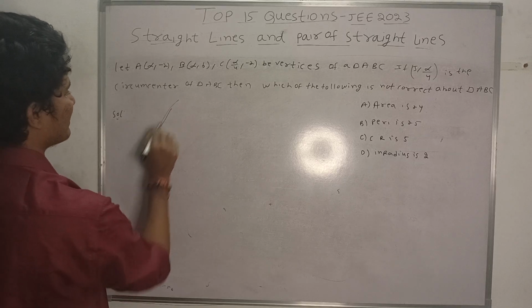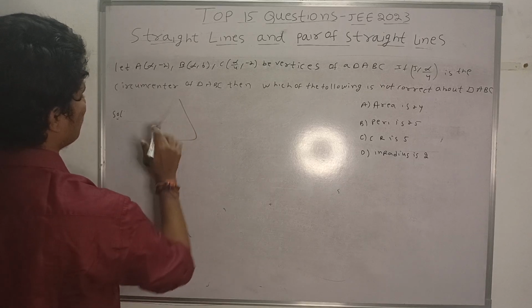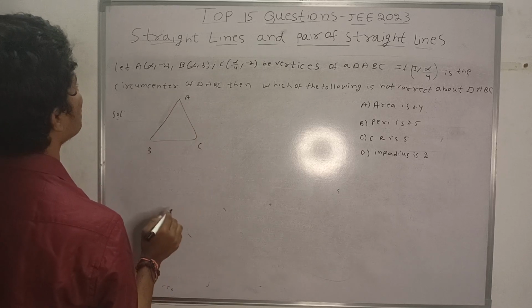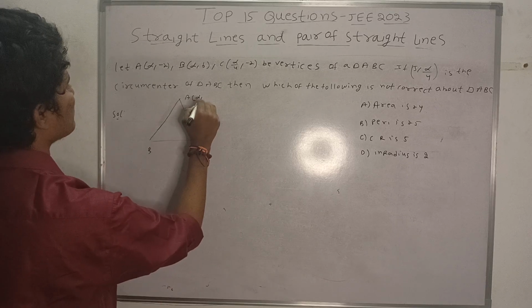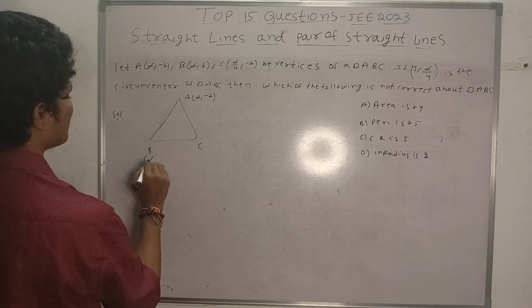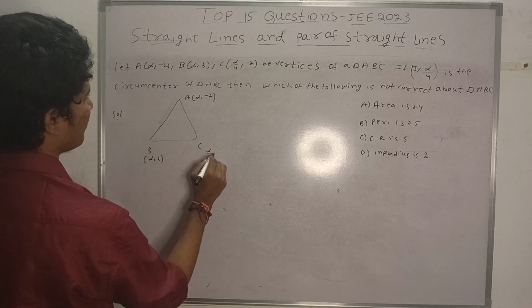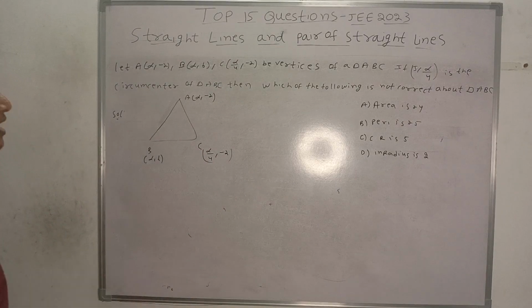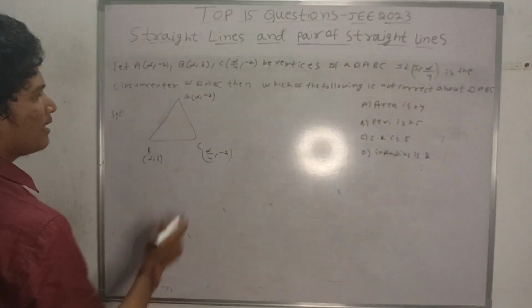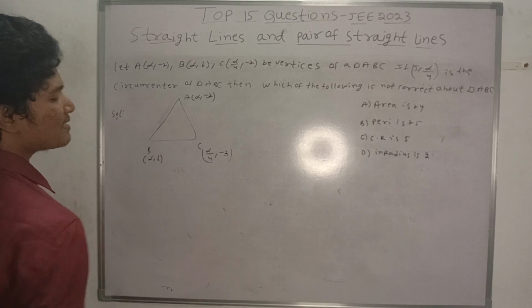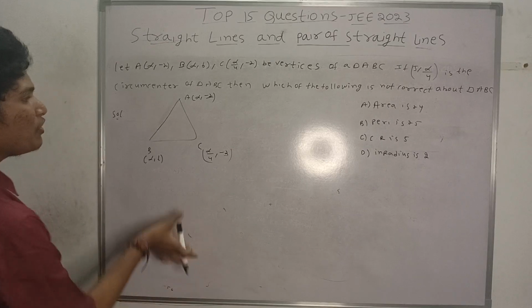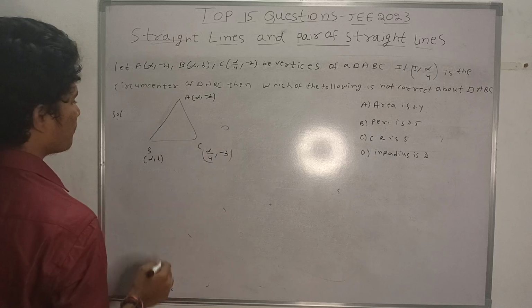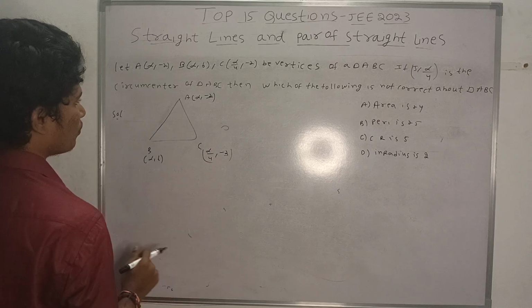Basically they said there is a triangle with A, B and C, where A is (alpha, -2), B is (alpha, 6) and C is (alpha/4, -2). When you observe A and C, the y-coordinate is the same. That means the slope is 0.